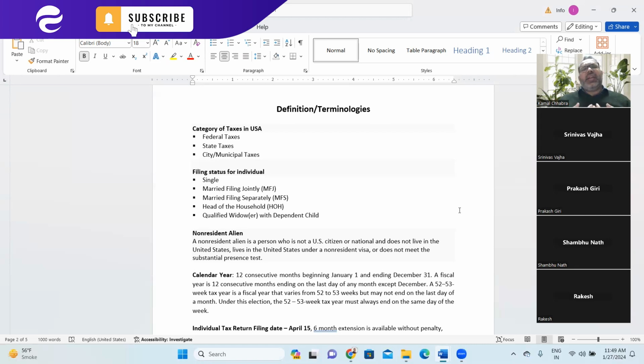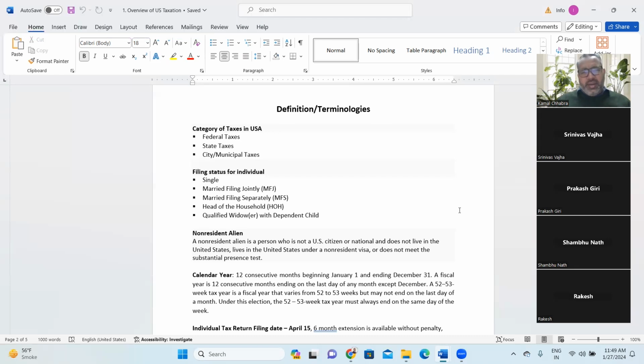Normally, if I say the income tax rate for an individual is, let's assume 25% or 26%, which is the federal tax rate. On top of it, it depends on which state you are living in. If you are living in a state like New York, California, then the state tax rate may be 8%. But if you are living in a state like Louisiana or maybe Alabama or maybe Florida or maybe Michigan, state tax rates are in a range of 4 to 6%.